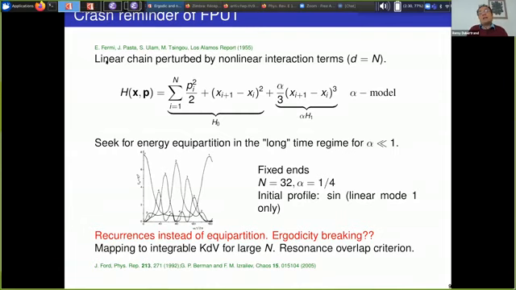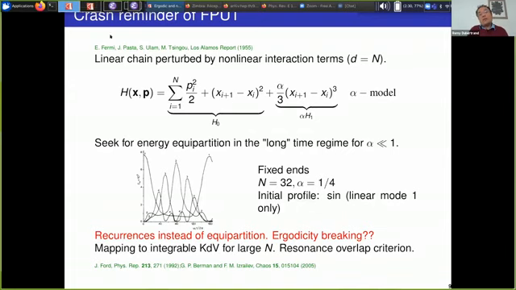Basically, the idea was to consider a linear chain perturbed by a nonlinear interaction term. The linear chain is exactly, as I said before, the integrable part, and then you add a small nonlinear term. Alpha is the perturbation parameter.